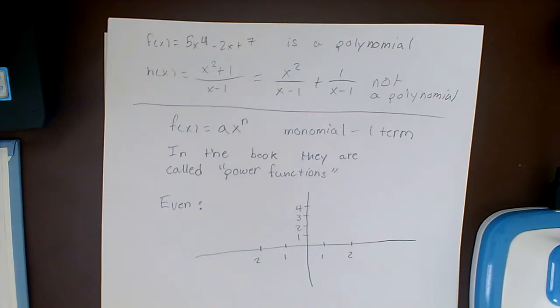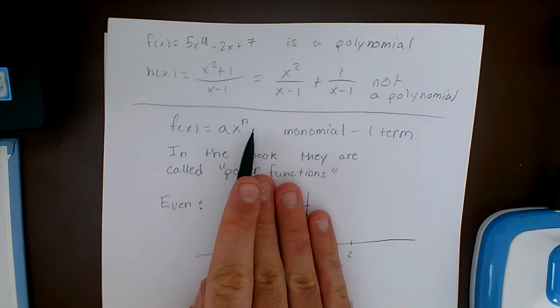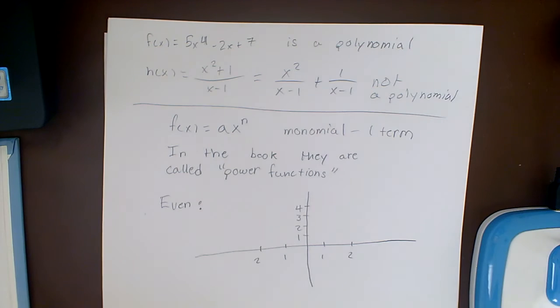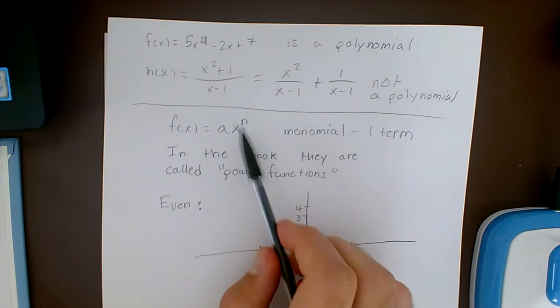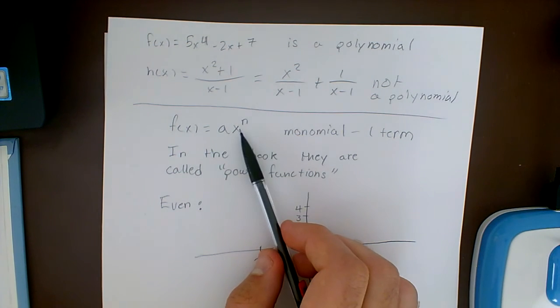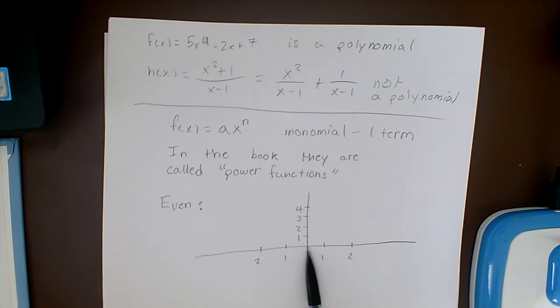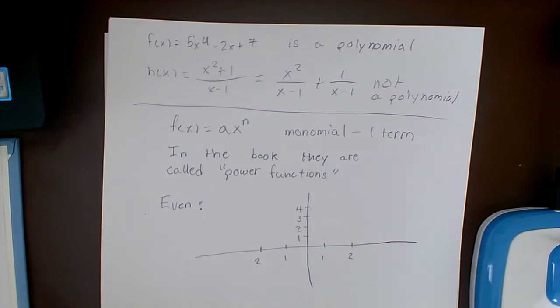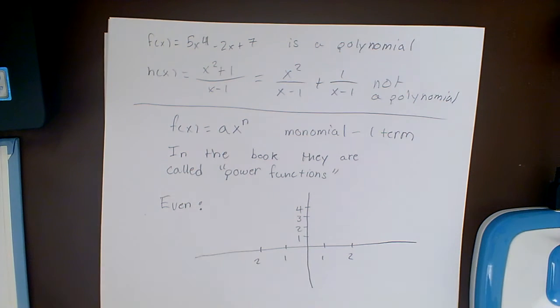If I have a graph here of a power function, it doesn't have any translations. It's always going to have a vertex at 0, 0, the origin.